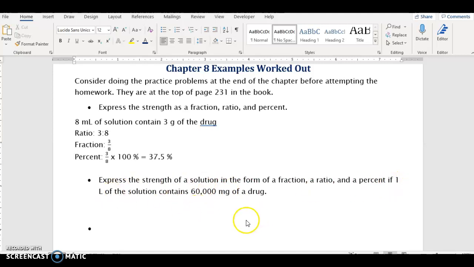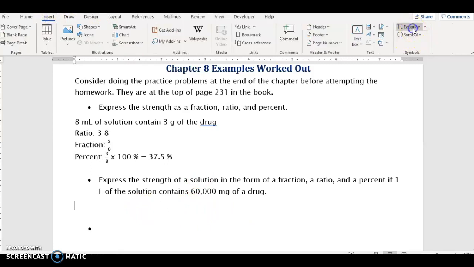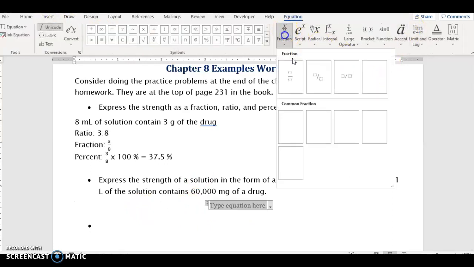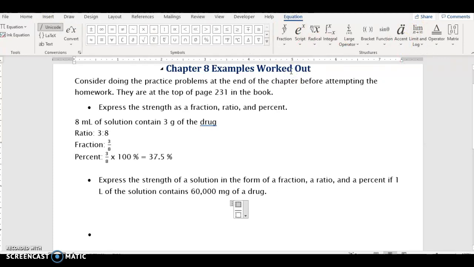So our final units are going to be grams per milliliter. Let's go ahead and set this up as a fraction. So 60,000 milligrams over 1 liter. I know you guys know the conversions pretty well.